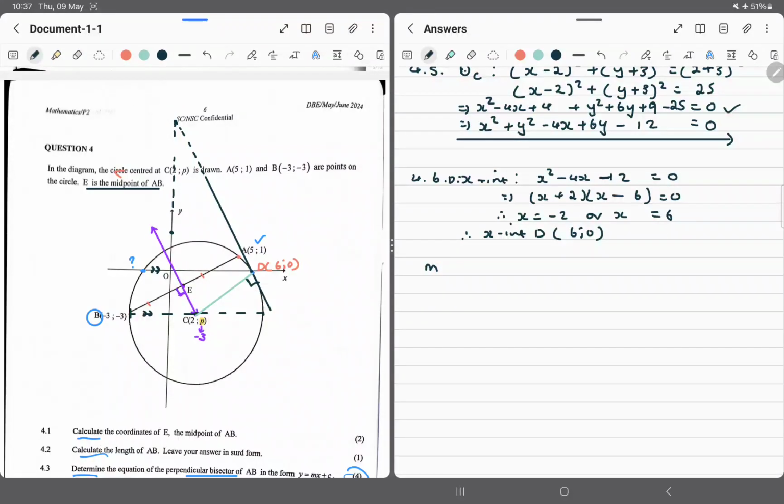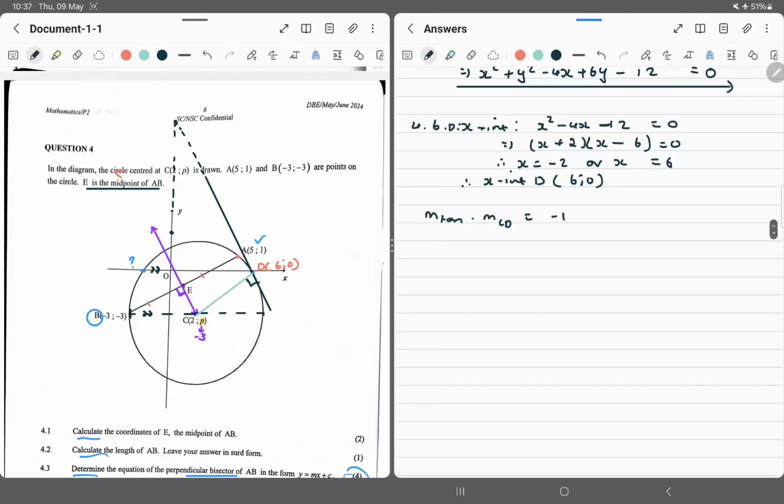So we're going to say here M tangent times the gradient of the radius. We can just say M tangent times M CD must be equal to -1, right?